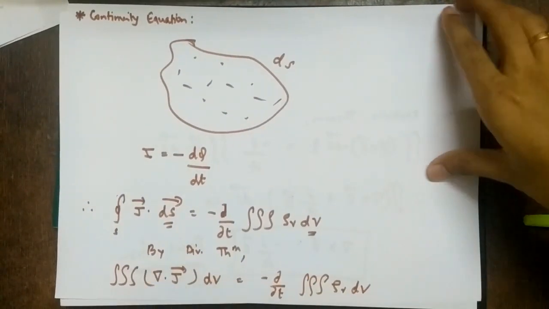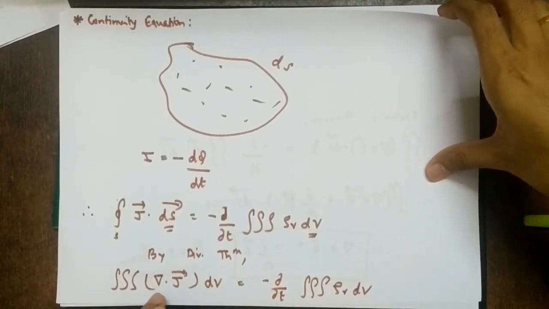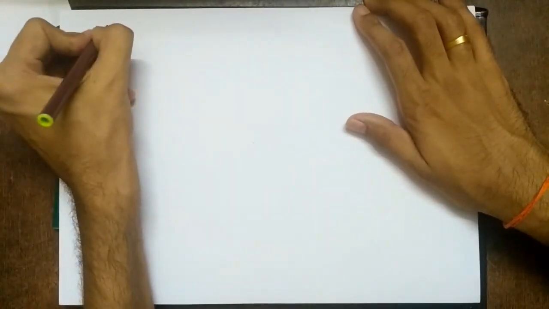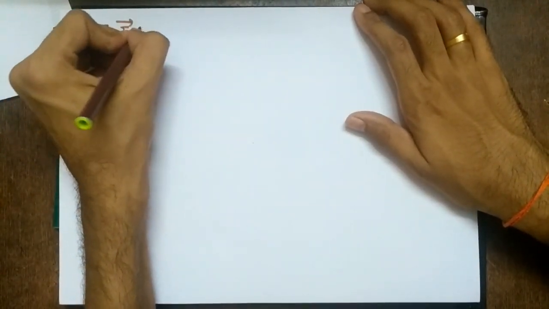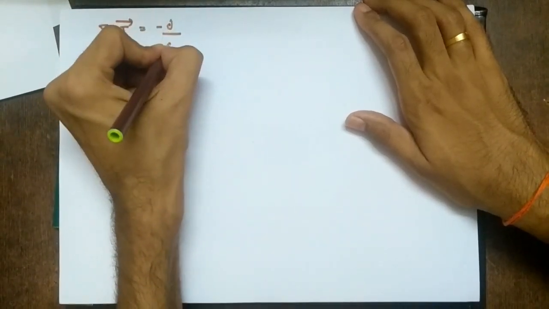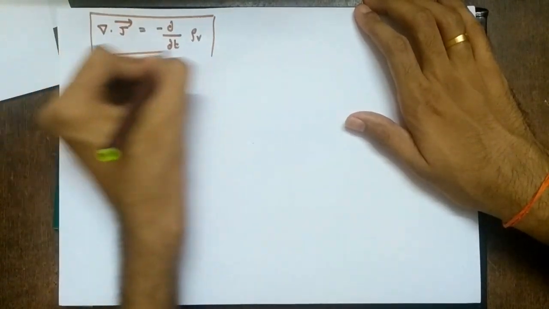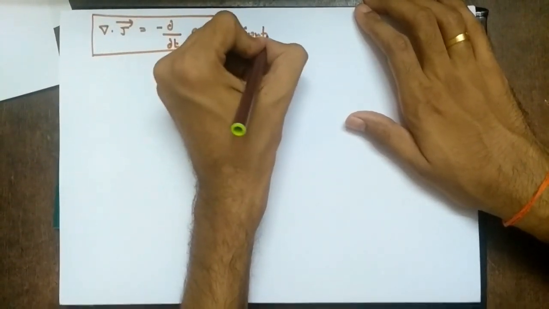So again we will take this here; I will not write that step. So what will we get? Del dot j vector equal to minus d rho v by dt. So this is our required expression.